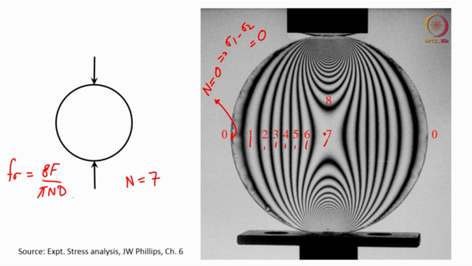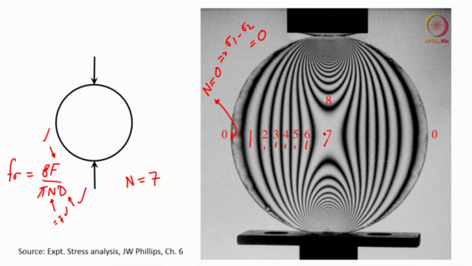You know d, you know F, because that is the load you have applied. You know now n, which is equal to 7, and you obviously know what 8 by pi is. So, you can calculate the material constant. So, now you have calibrated your sample, you have calibrated the material, you know what the material constant is. Now, if you have any other situation, you can go back and use this value of f sigma.